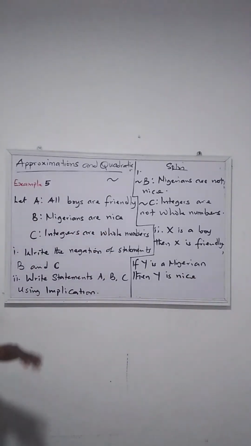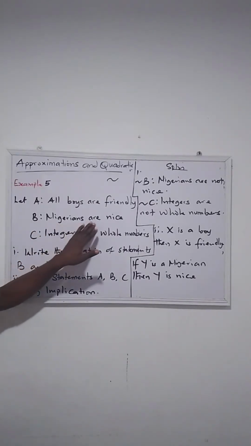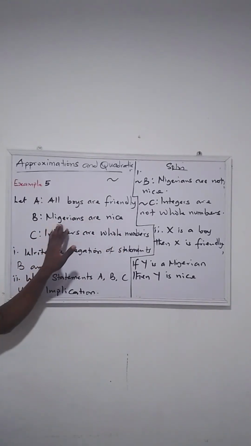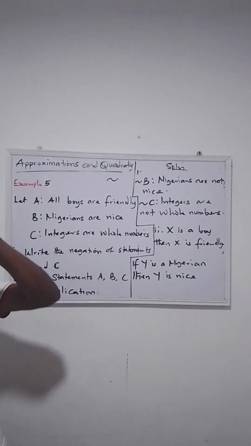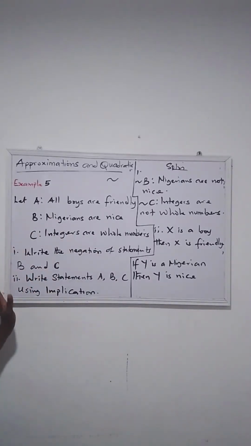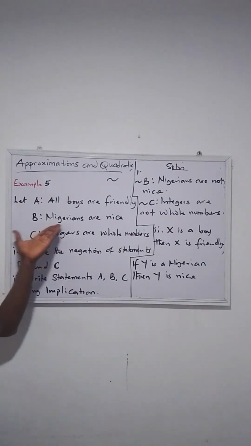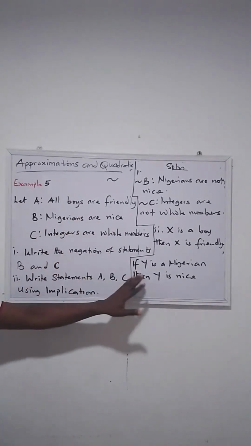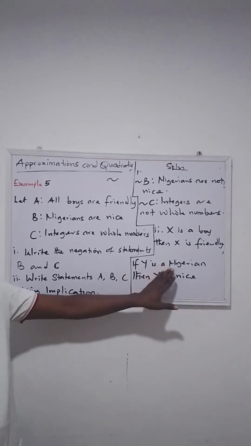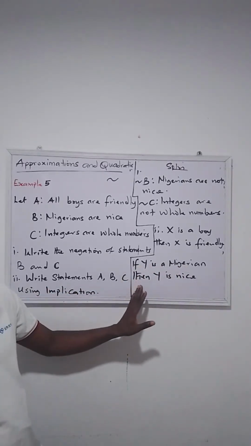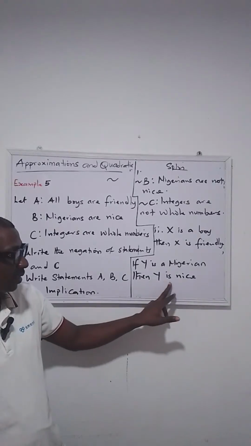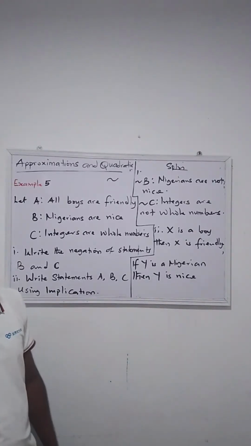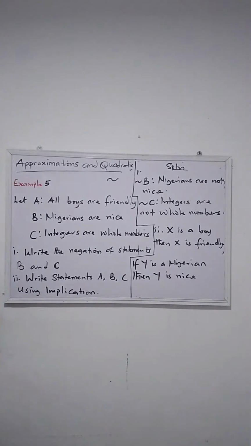Statement B says that Nigerians are nice. So once I'm able to see one Nigerian, it implies that that one person is nice based on this statement. So we say if Y is a Nigerian, then Y is nice.